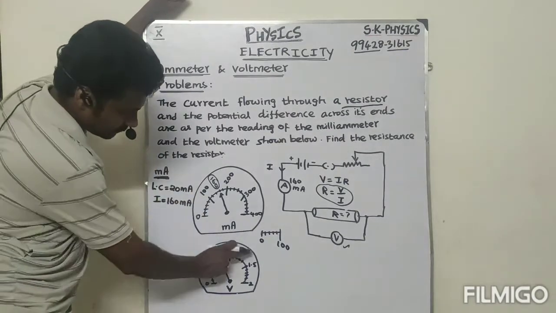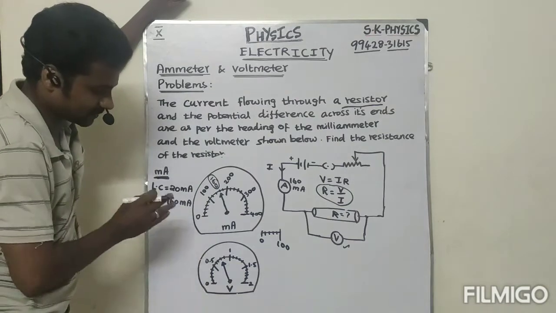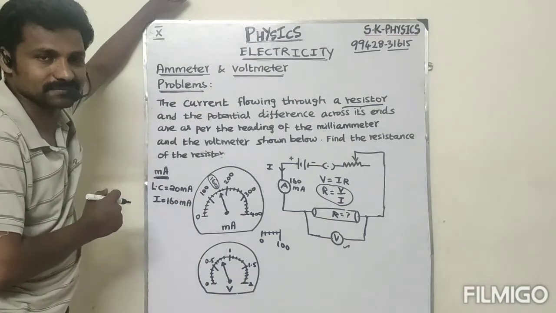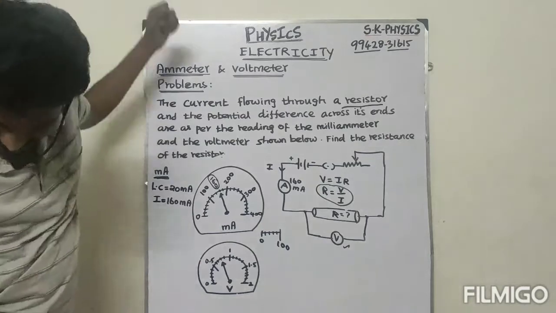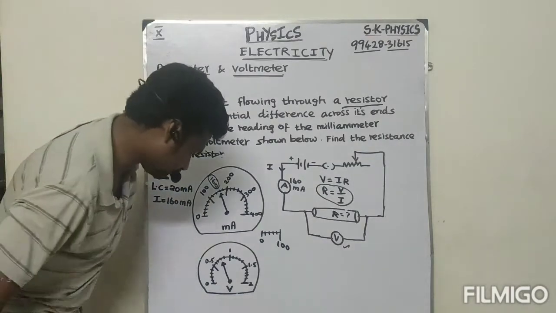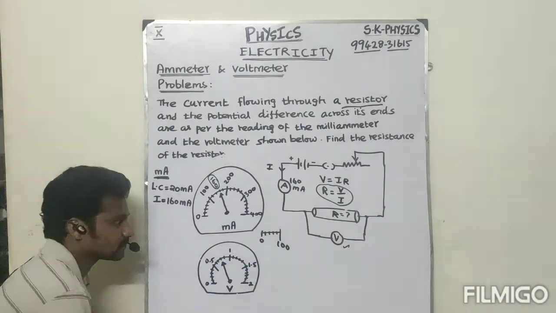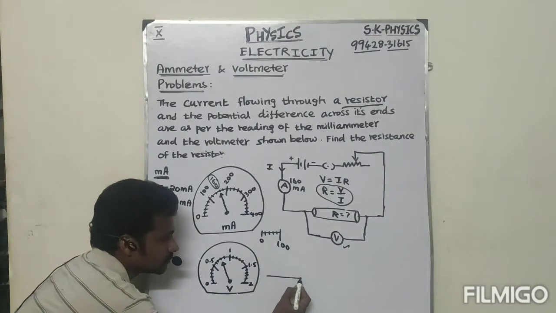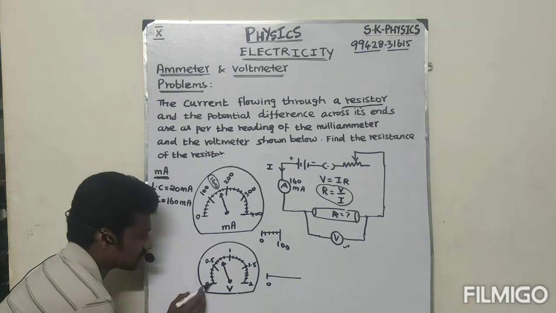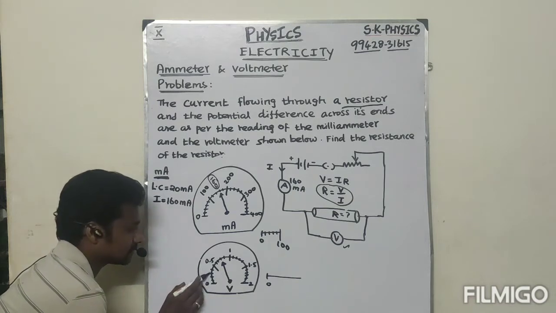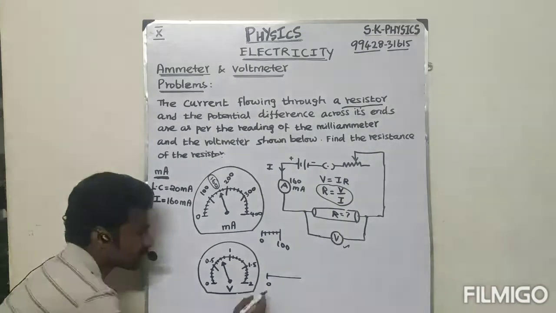Like that, we are going to calculate the reading of the voltmeter. Shall we calculate? Yes. Please listen. Here, the same idea. 0, first line, second, third, fourth, fifth. Totally 5 lines are there.